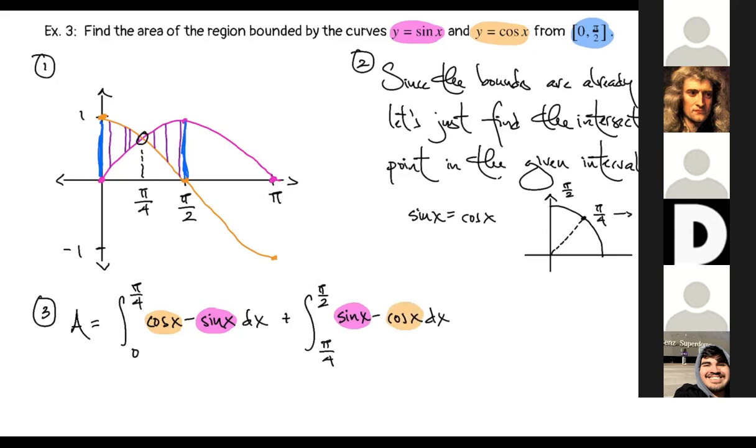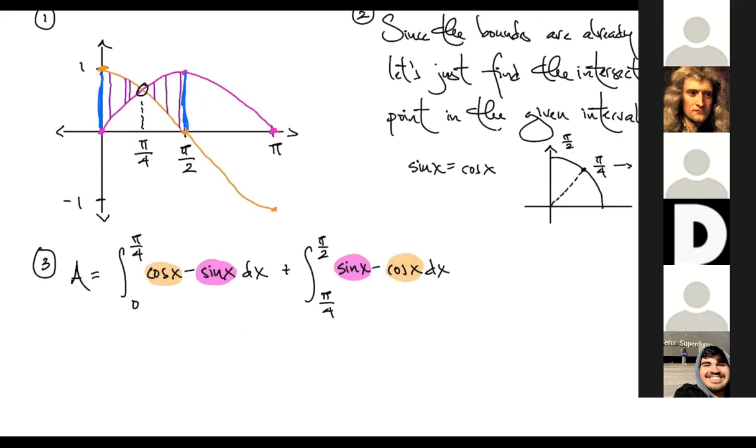Now, when you solve this at home for some extra practice, what might be a shortcut way that you could evaluate this? You could certainly practice setting up both of these, finding the integrals, plugging in your bounds, pi over 4, pi over 2, or 0.